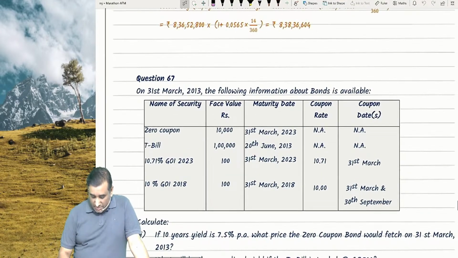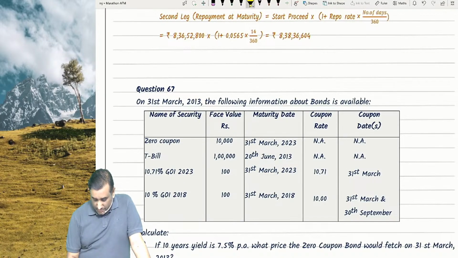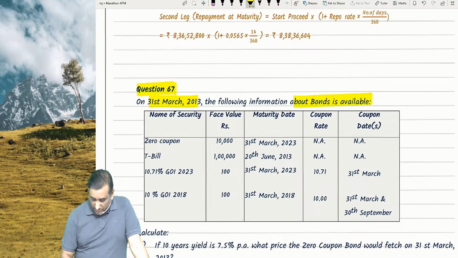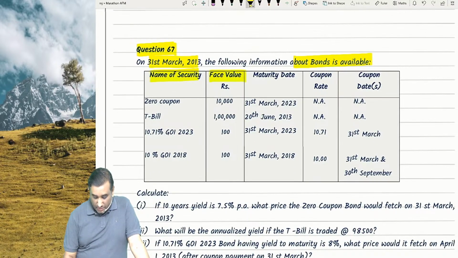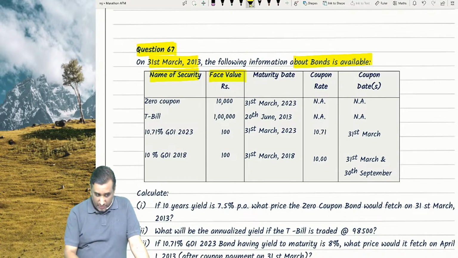Question number 67. It is on 31st March 2013. The following information about bond is available: name of the security, face value, maturity date, coupon rate, coupon dates.